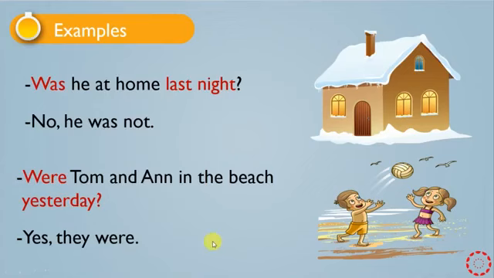Because the question starts with was here, we answer with was. Because the question starts with were, we answer with were. Very good. Here, because we have Tom and Anne, it's plural, because we have two nouns. Then we say they. They is for plural. Very good.